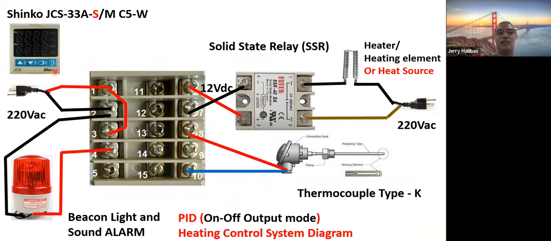You can always set the Shinko Panasonic controller to become on-off output mode or on-off control mode. Okay? So, particularly that it has a 12 volt na output. 12 volt yung output.